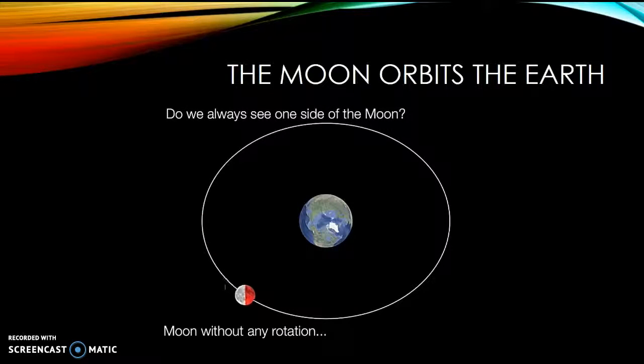So here's the Moon not rotating. It just goes around the Earth. It's orbiting. And as you see, we would be able to see all different sides if it were to orbit the Earth just like it showed you here.